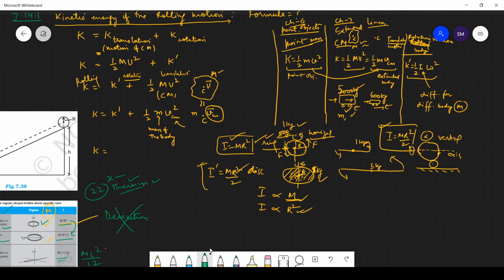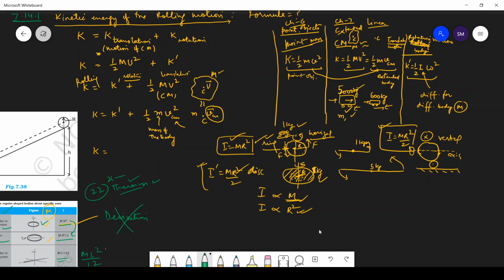So students, we were at this point. Like this formula we were writing, the kinetic energy of the rotational motion, where the mass is replaced with moment of inertia, and moment of inertia has different formulas. Even for the same body, if the axis is different, we have a different formula. And instead of linear velocity, I have angular velocity.